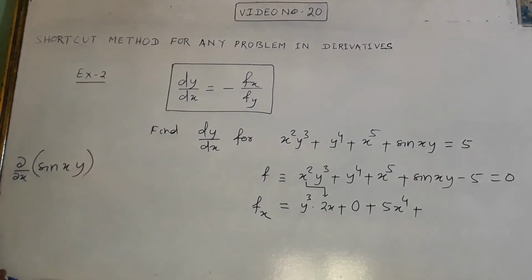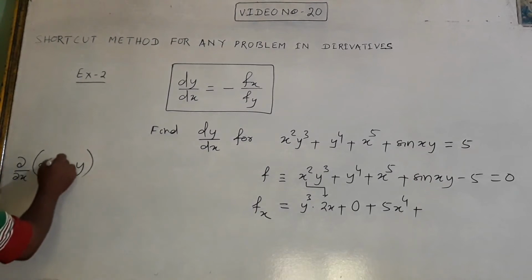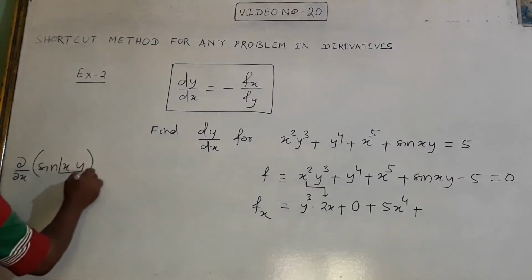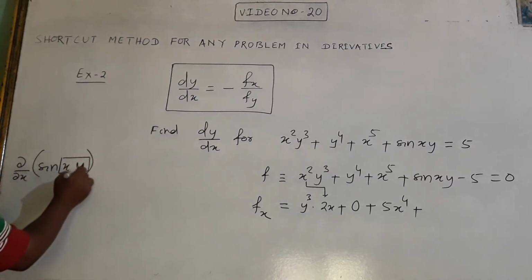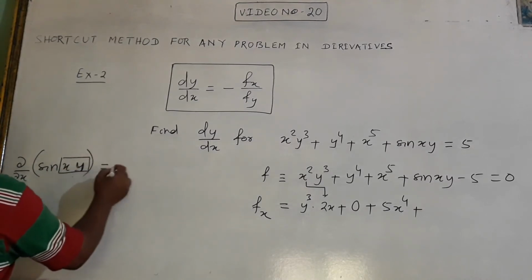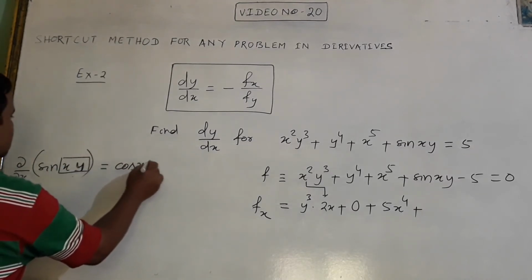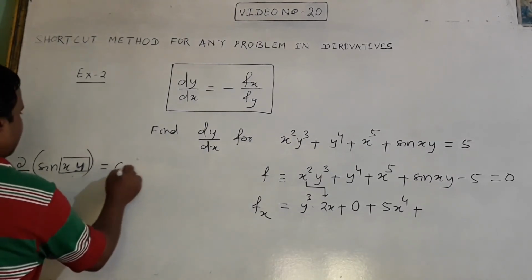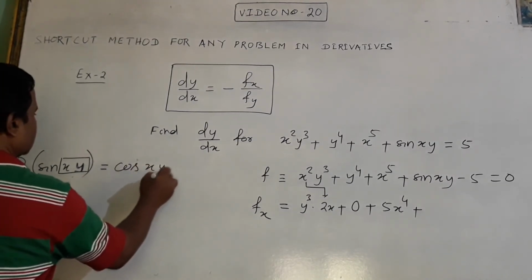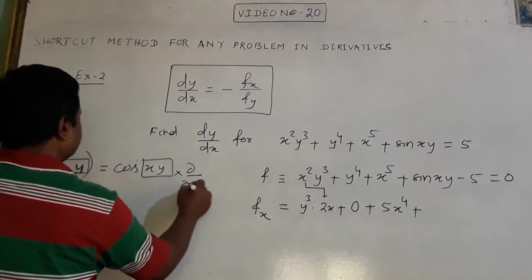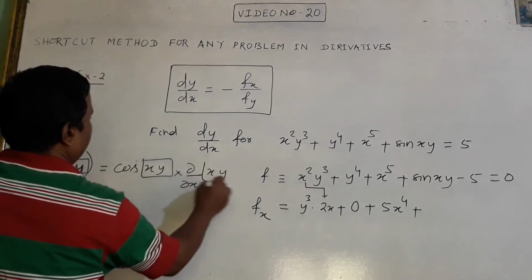Look here, x is there, y is there. y will not come outside. You should think this is your box. Sine box means its derivative is cos box, into del by del x of this box.